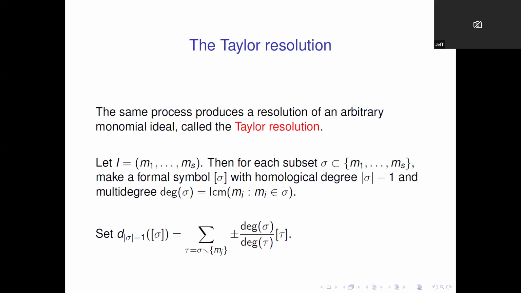And you want to map it to a multiple of the formal symbol for tau. But the degree of sigma is probably larger than the degree of tau, so you have to multiply by an appropriate correction factor. And then finally, there's a plus or minus because when you're doing homology things, there's always some alternating sign going on. And I could not be bothered to try to write out the necessary extra subscripts and superscripts to specify the plus or the minus. Hopefully people are okay with that.